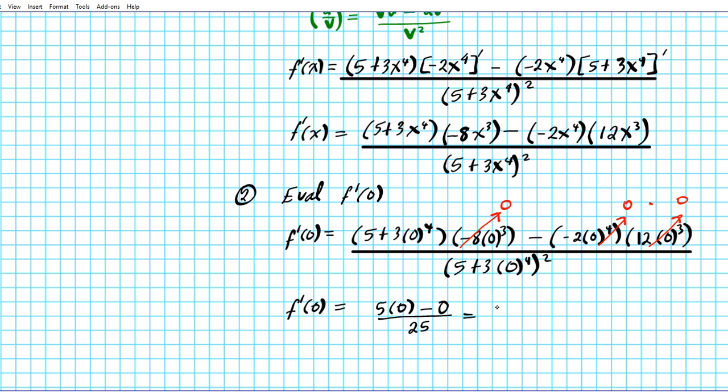So we just have 0 over 25, which is 0. So the derivative at the extrema, which is x equals 0, is equal to 0. So there goes our answer for question number 1.